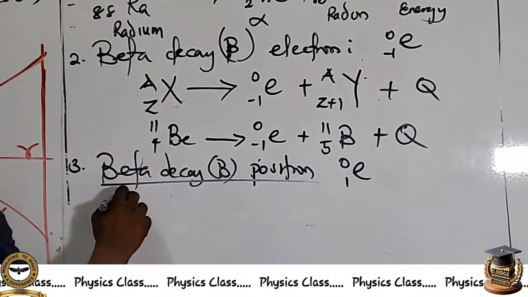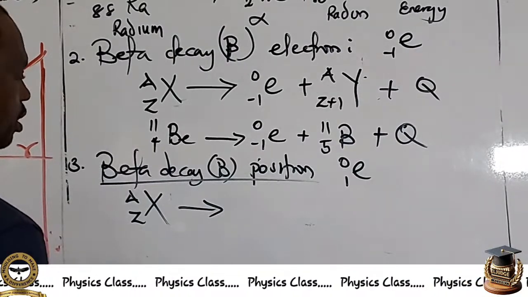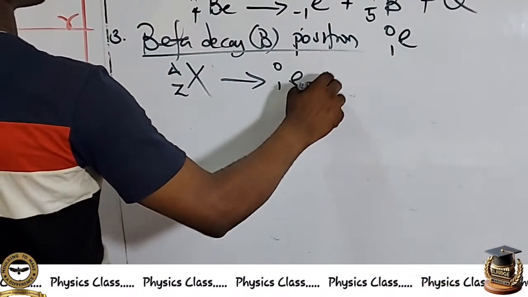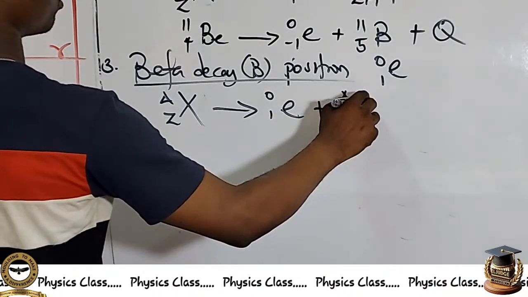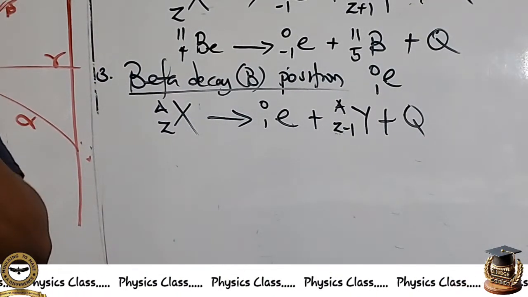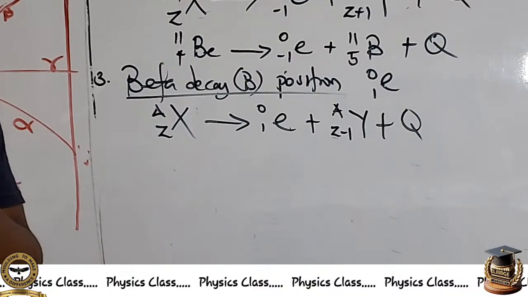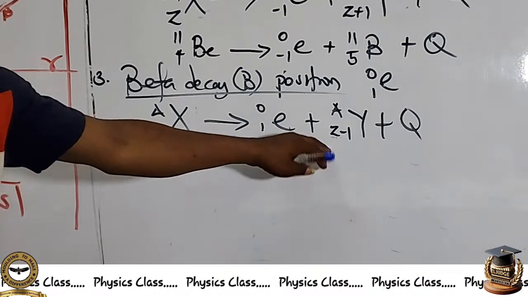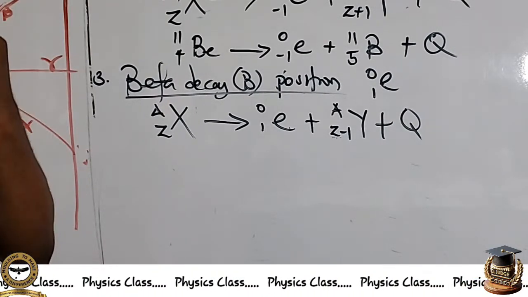So if we have A, Z, X, when it moves to this, it gives 0 1 e plus A, Z minus 1, Y plus Q. The only difference is that Z changes by a decrease of 1.